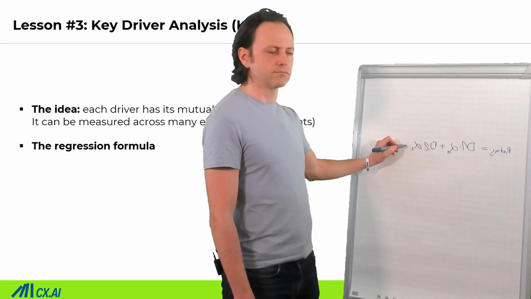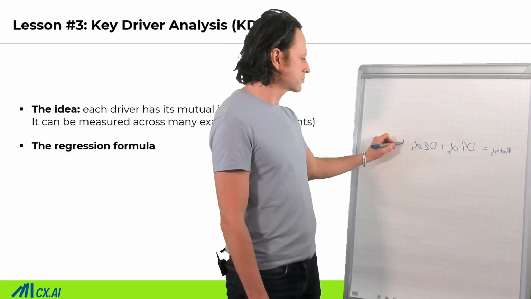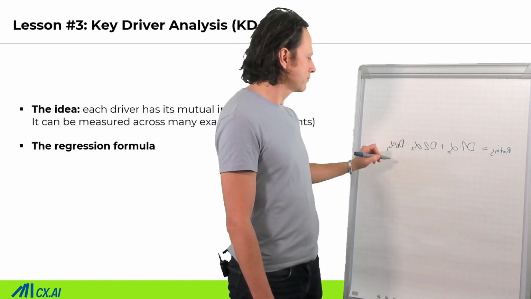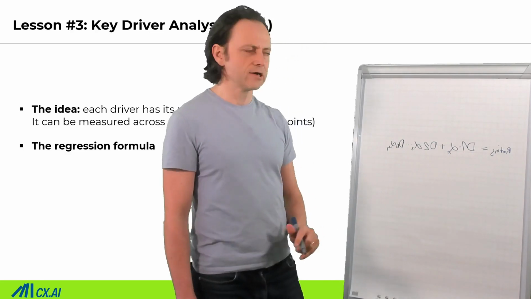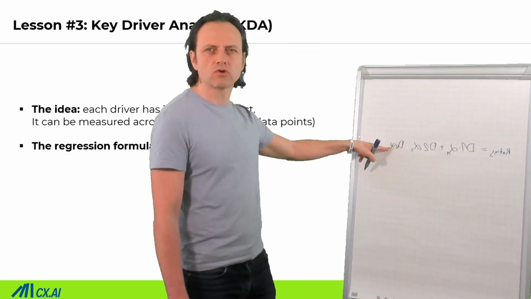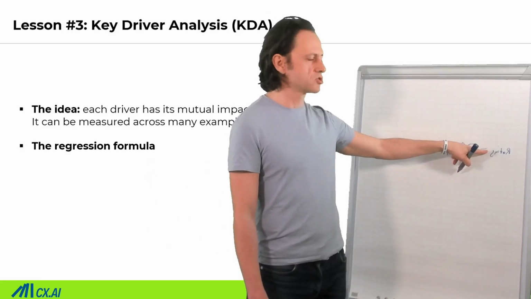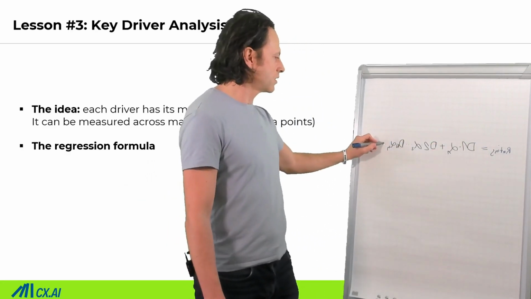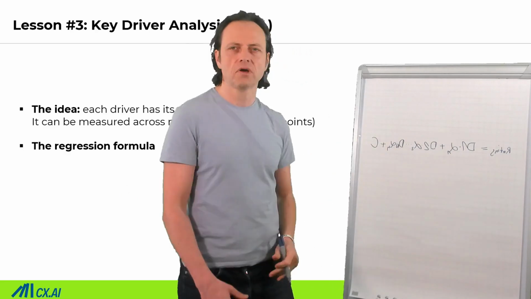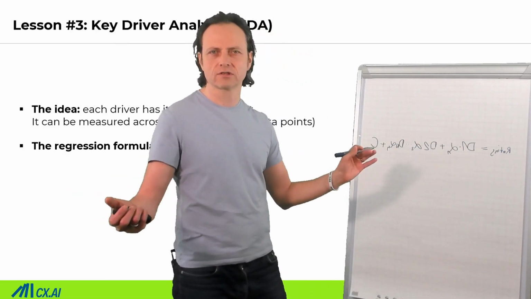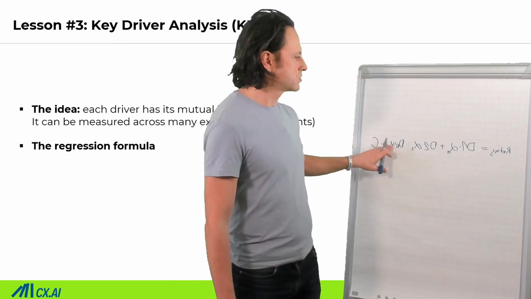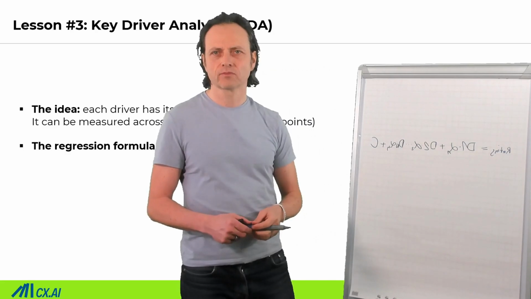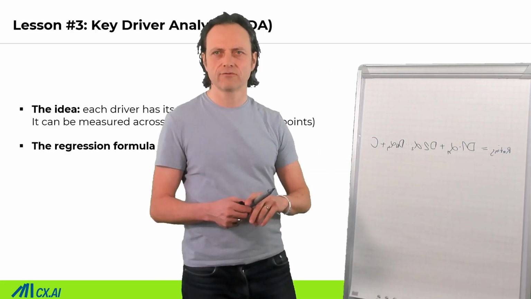And there are, of course, more drivers, so let's call them driver n, alpha n. And lastly, maybe everything is 0, no impact. The rating would still be, I don't know, 3. So we need a constant, basically a fixed number, 3 for instance, so that with no impact we arrive at a certain number. That's basically the regression formula.